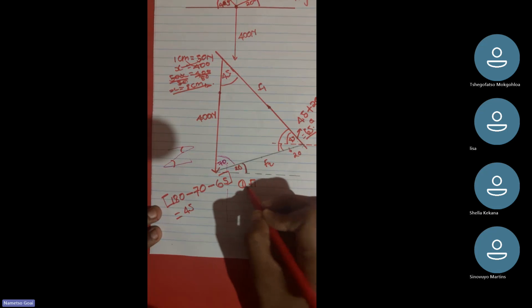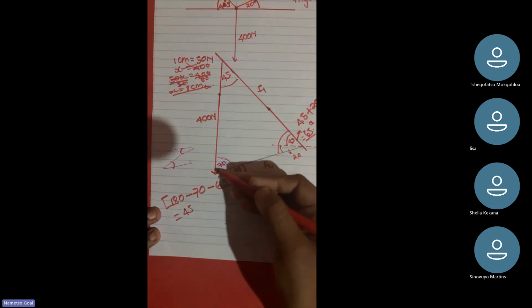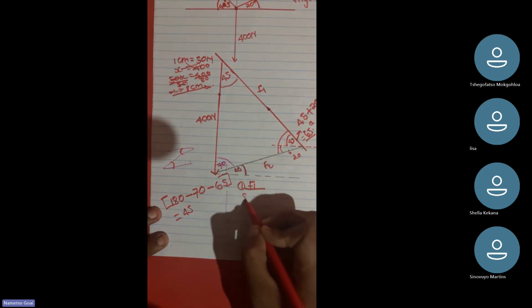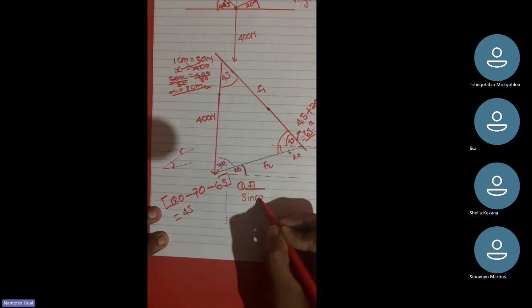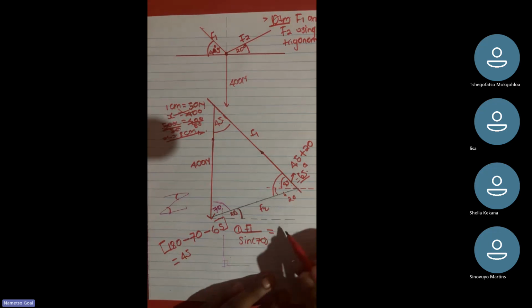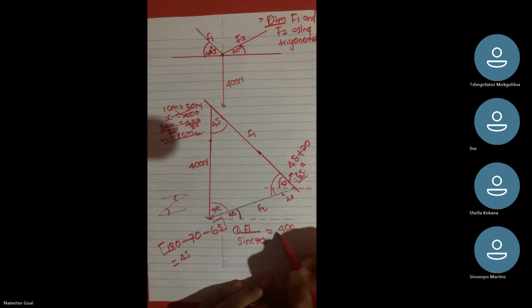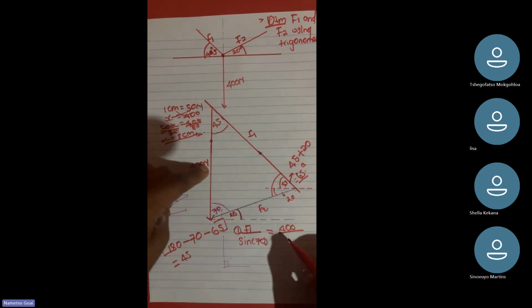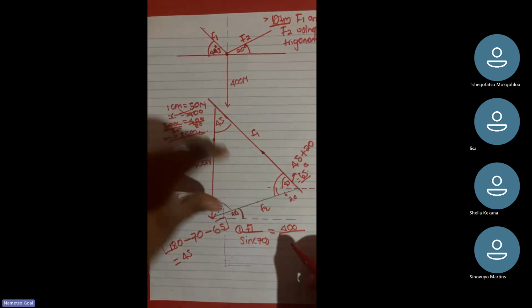So now let's say for number one, we're calculating for F1. So for F1, we would have F1 divided by sine, what's the opposite angle? 70. Divided by sine of 70 equals, we know this side over here, it's 400 Newton. So it'd be equal to 400 divided by, what is the opposite angle of this 400 Newton?